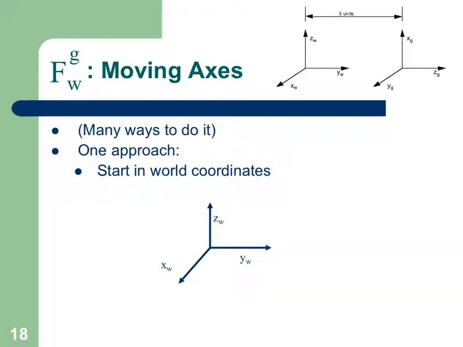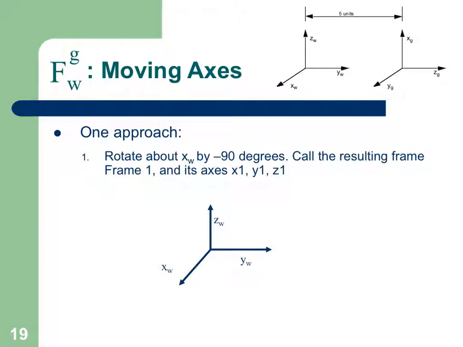So here's my way to do it using a moving axis approach. I'm going to start by considering what world coordinates look like. And just for your reference, I've put a copy of both coordinate frames up there so you can see. The first thing I'm going to do is rotate about the world's x-axis by -90 degrees. And I'm going to call the resulting coordinate frame frame 1, right?